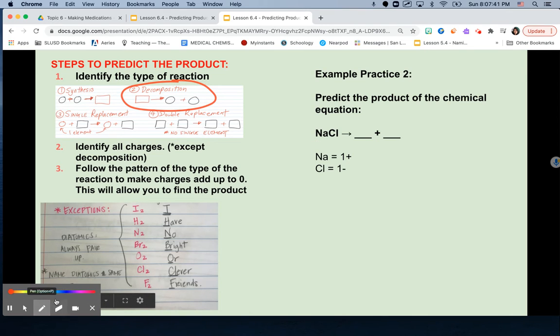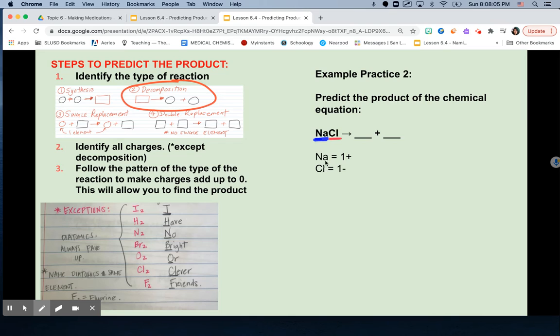So remember that each element is symbolized by at least one capital letter, and the second letter is always lowercase. So in NaCl, I notice that N is capitalized, a is lowercase. So N and a go together. This is one element. Capital C, lowercase l. So Cl is another element.